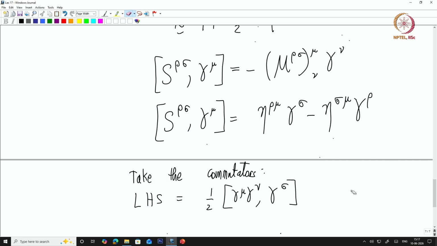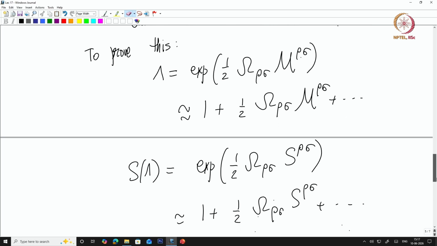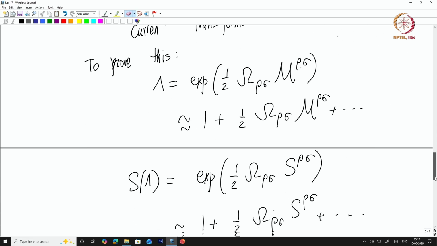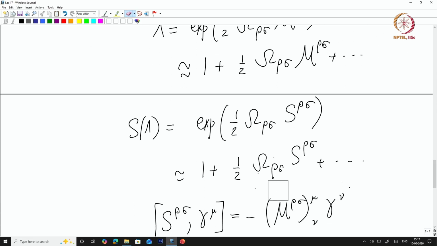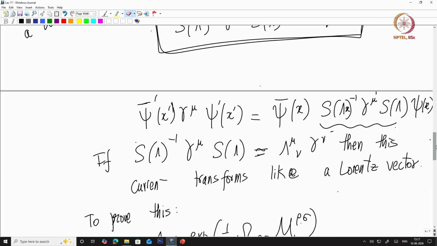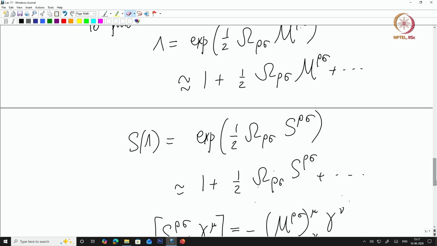That is how you prove this. Once you prove this claim, how will you show the rest? You take S inverse, again 1 minus omega rho sigma S rho sigma and then gamma mu, and S of lambda you take again as 1 plus half this thing.